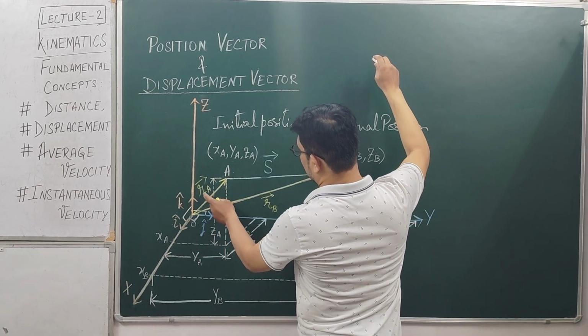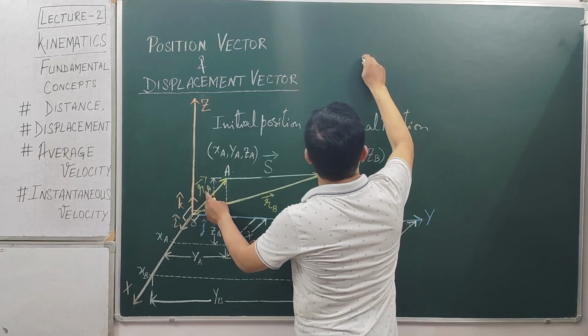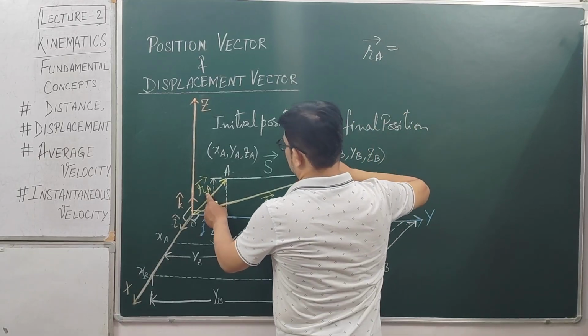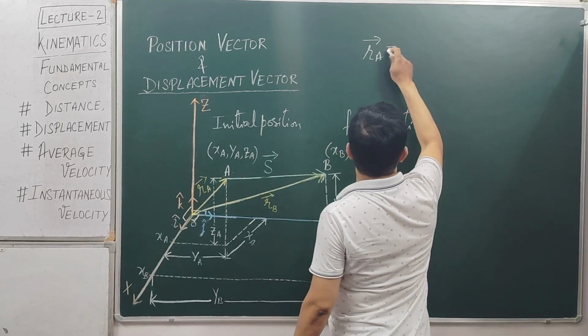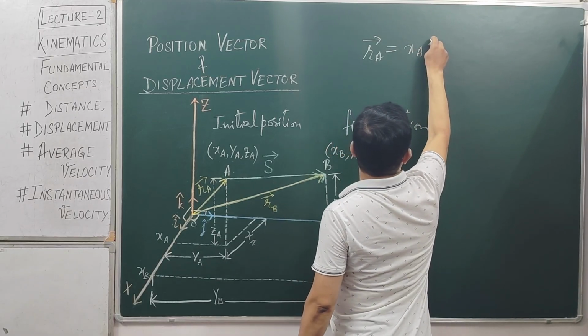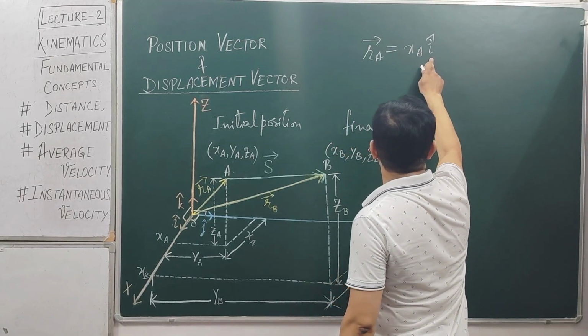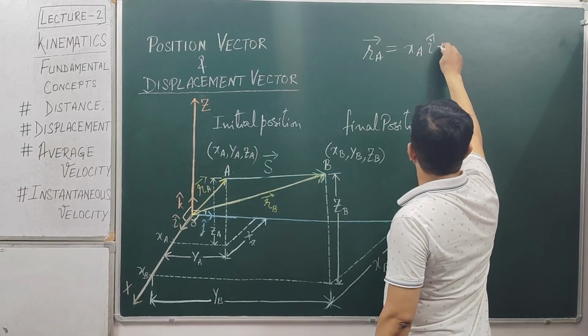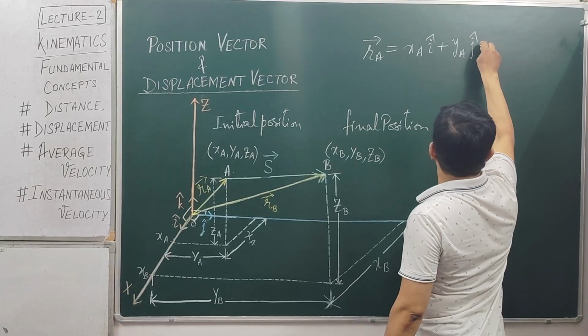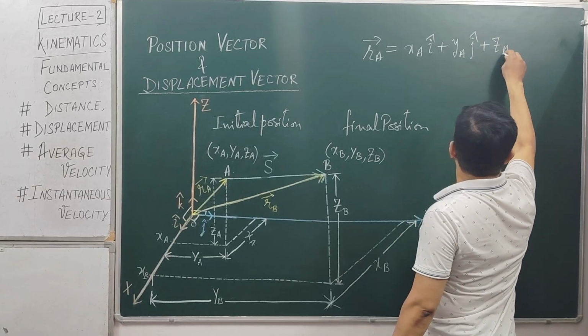If you want to project this RA, how can you write RA? This RA in terms of unit vectors could be written as XA i cap, the magnitude multiplied by i cap, plus YA j cap, plus ZA k cap.